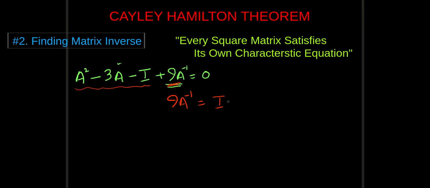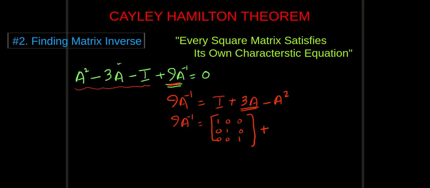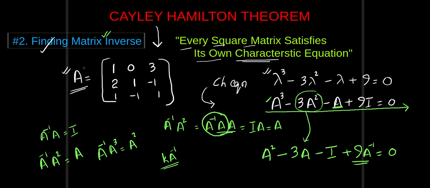So we get I plus 3A minus A square, and that gives me 9A inverse equal to, identity is 1 0 0, 0 1 0, 0 0 1 plus 3 times A. That means we have A, you multiply this throughout by 3, that will be 3 0 9, 6 3 minus 3, and 3 minus 3 3.